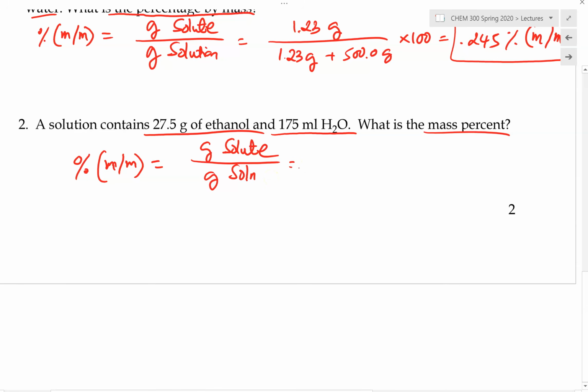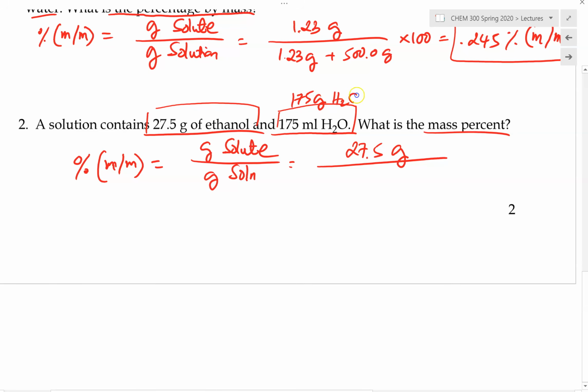And here in this case, ethanol is the solute, and we have 27.5 grams of ethanol, over the mass of the solution. So again, we are given the volume of water, but because the density of water is rounded to 1 gram per milliliter, this volume of water will weigh 175 grams.